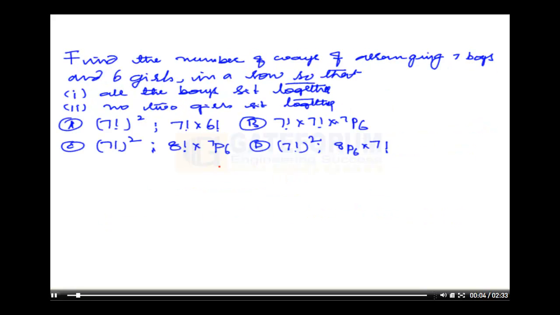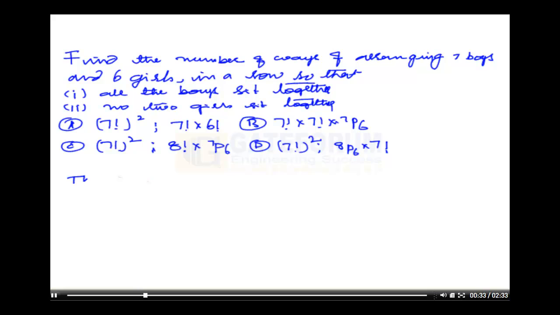We are given totally 7 boys and 6 girls. We have to arrange them in a row. The first question: all the boys have to be seated together. Therefore, we consider them as one unit, and the 6 girls are 6 different people. So totally we have 7 people.